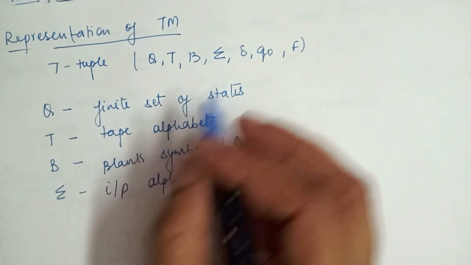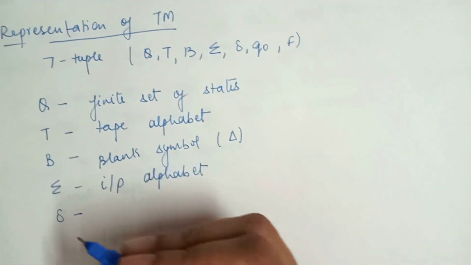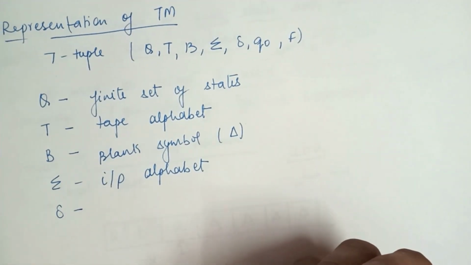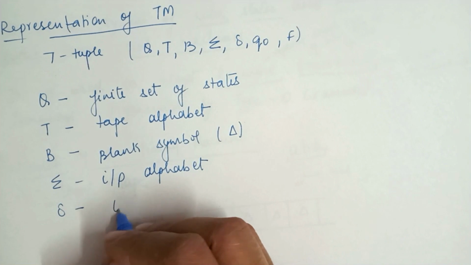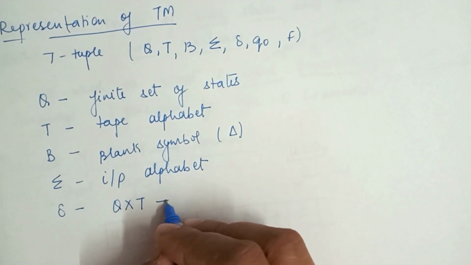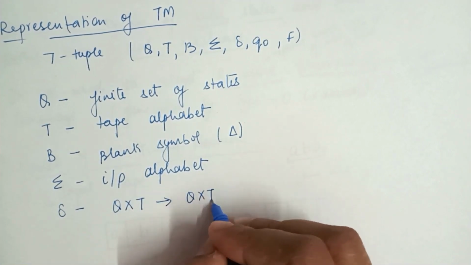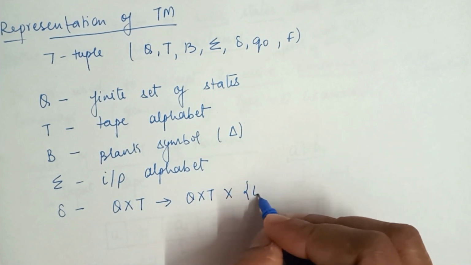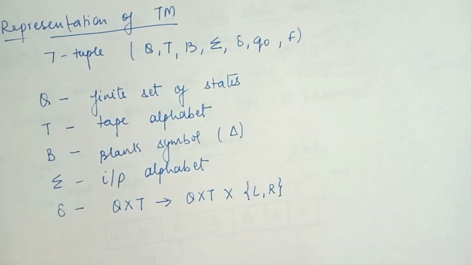Okay, then the transition function. This transition function maps Q into T, giving Q into T into either L or R. What does it mean?